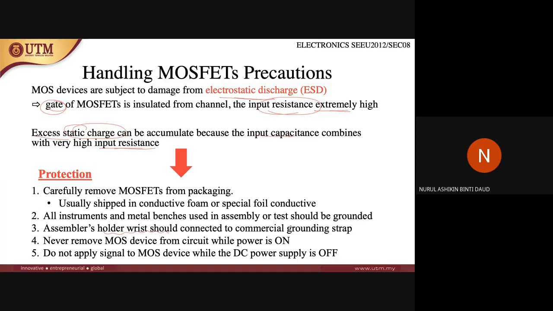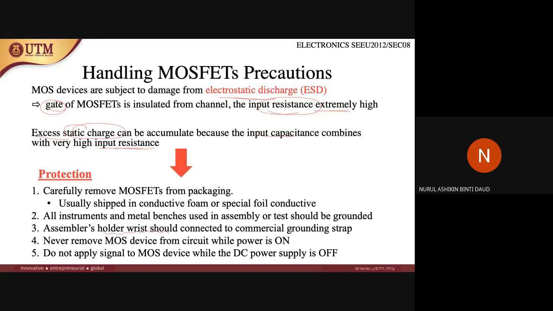Before you handle any MOSFET devices or usually any electronic components, you should strap your wrist with this assembler's holder. It's just like a bracelet around your wrist, and the strap is connected to ground.